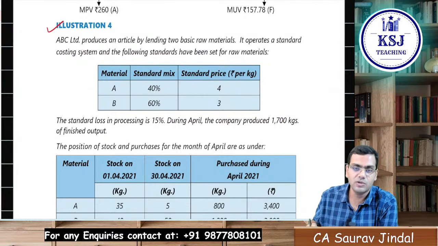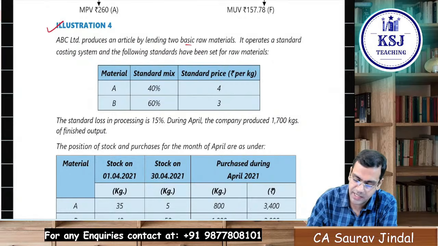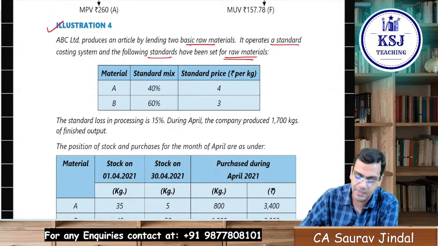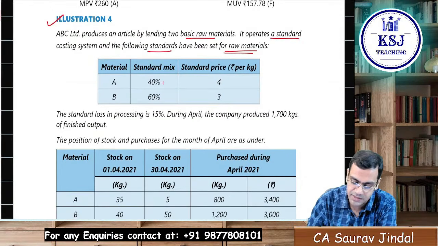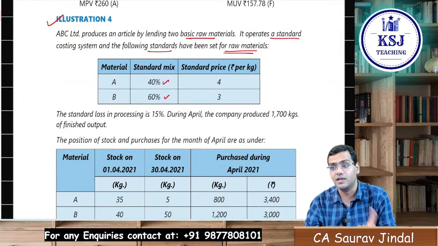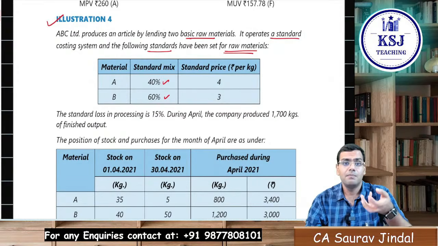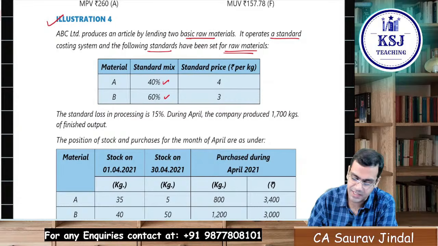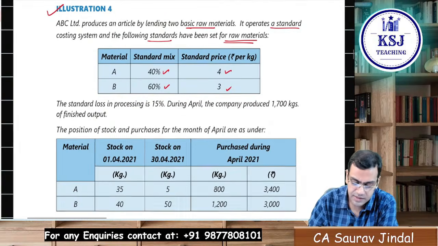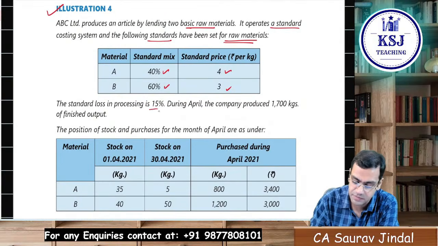ABC Limited produces an article by blending two raw materials. It operates a standard costing system and the following standards have been set for the raw material. Material A and material B, standard mix is given 40% and 60%. Quantity is not given. It is the proportion in which they are to be mixed. Standard price is given. The standard loss in processing is 15%.